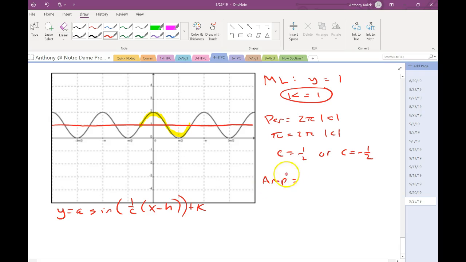Next, let's find A. To find A, we need to look at the amplitude. What is the amplitude in this situation? So if I go from min to max and divide by 2, I get 1.